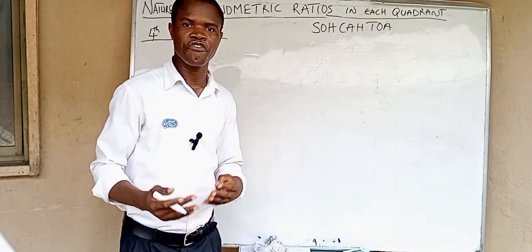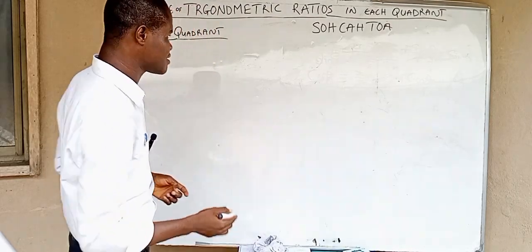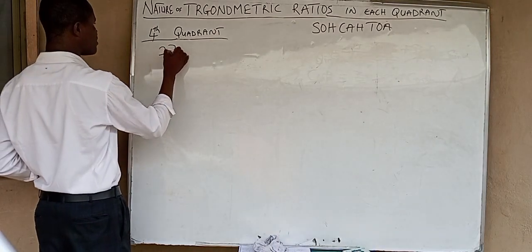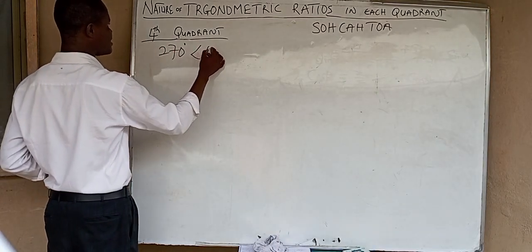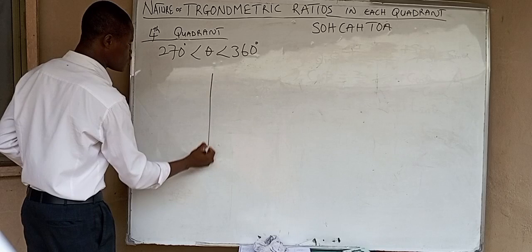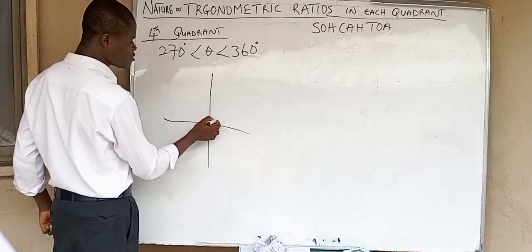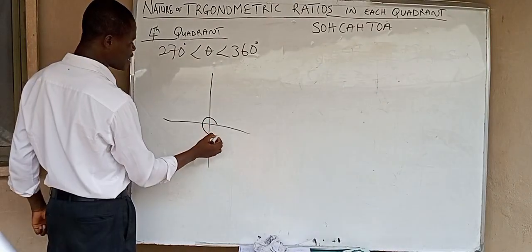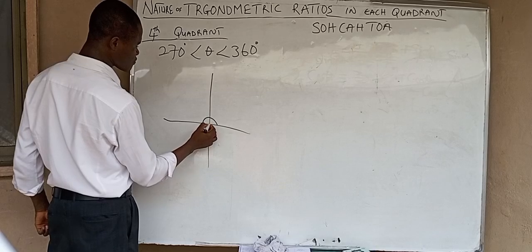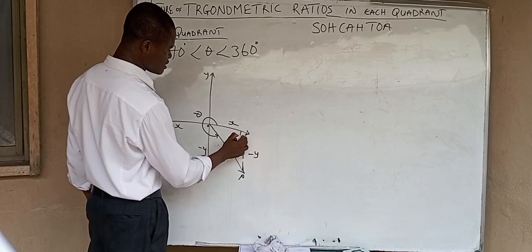For an angle to be in the fourth quadrant, that angle must lie between 270 and 360 degrees. So it simply means that 270 degrees is less than theta, which is less than 360 degrees. So let's draw the fourth quadrant. For an angle to be in this fourth quadrant, theta must be more than 270 degrees. So this is our theta, which brought us into the fourth quadrant. This is our 90 degrees.